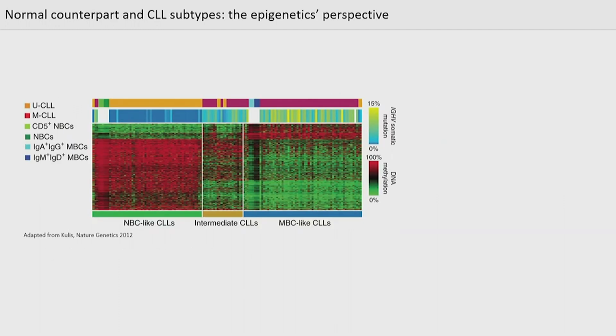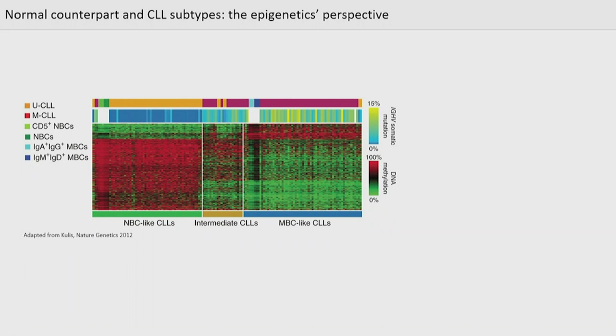And finally, just another layer of heterogeneity that we discovered in our laboratory, thanks to the work of Iñaki Martín-Subero, who is leading the group of epigenomic studies in lymphomas. This is a methylation array of our 500 patients in which we compare the methylation profile of the CLL with the methylation profile of normal B cells that you have here.